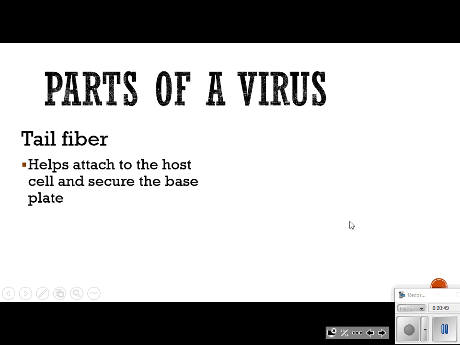Kind of like they hold on to the host cell so that the base plate can connect through the cell membrane. So they help attach the bacteriophage to the host cell.